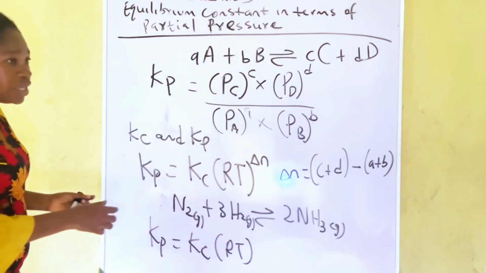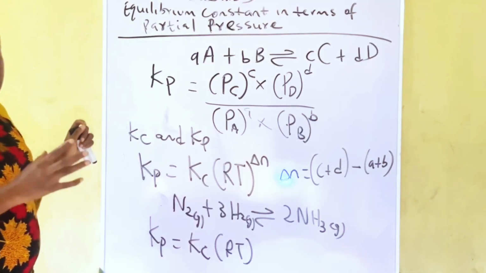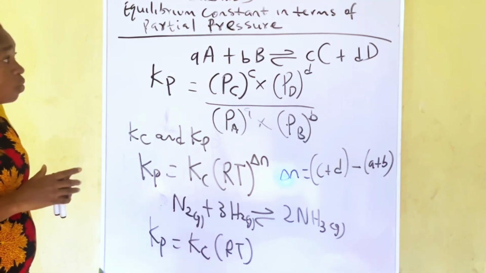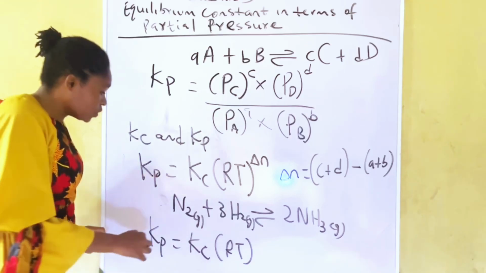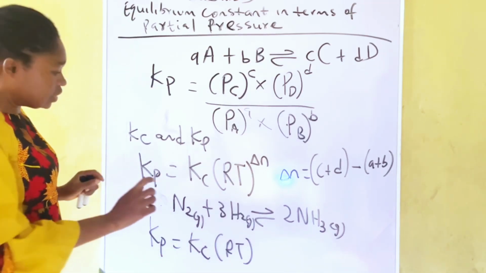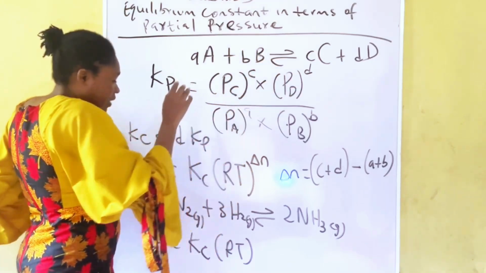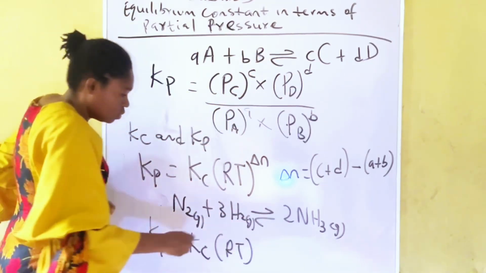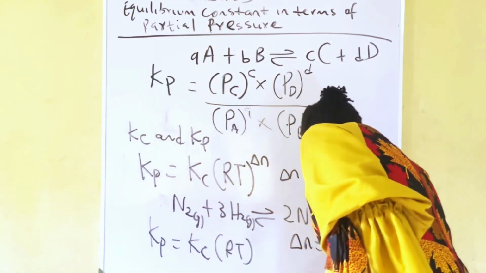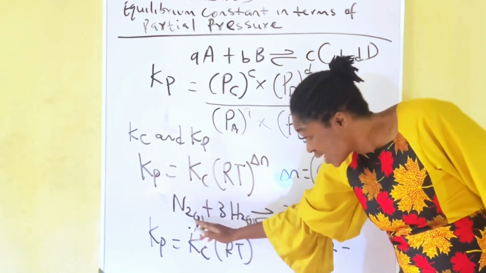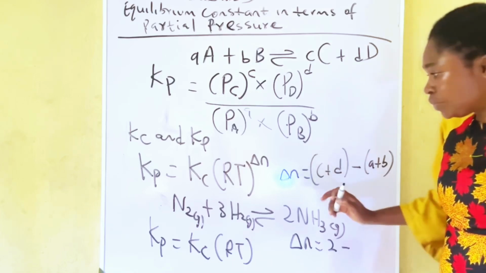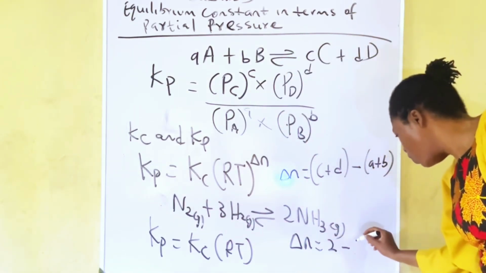What is the change in the number of moles? It's the stoichiometric coefficient of the product minus that of the reactants. Here, the product is 2, minus the reactants, 1 plus 3, which is 4. Only gases are counted.